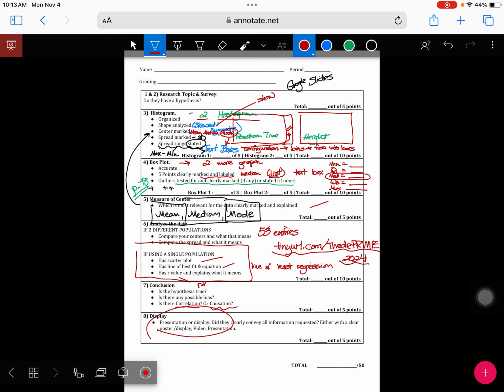But the data for the prime classes is tinyurl.com/C with a capital T, prime, and then 2024. If you want to compare information from two different classes, let me show you how to do that.